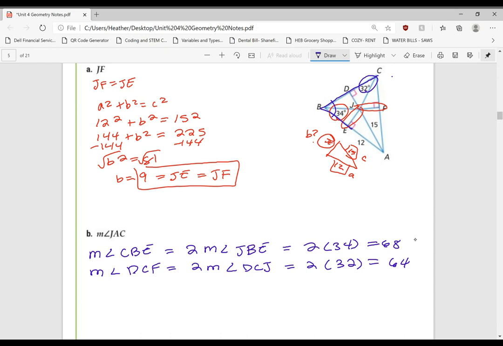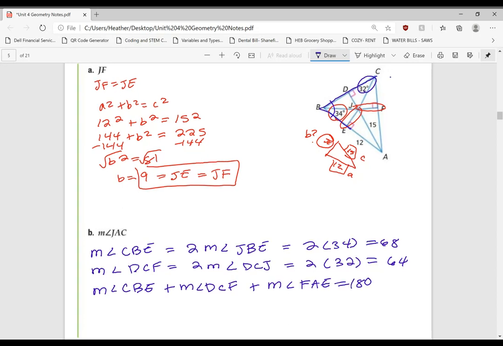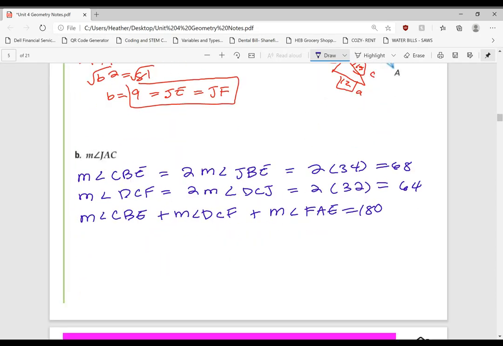We know that the measure of angle CBE plus the measure of angle DCF plus the measure of angle FAE is equal to 180, since all the angles of a triangle add to 180. So 68 plus 64 plus the measure of angle FAE is equal to 180.